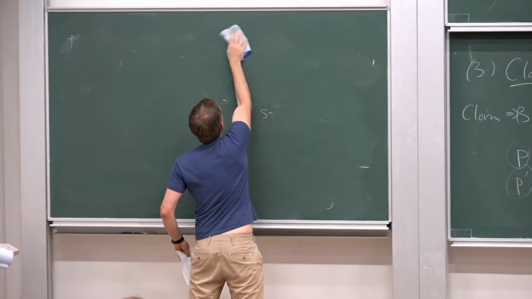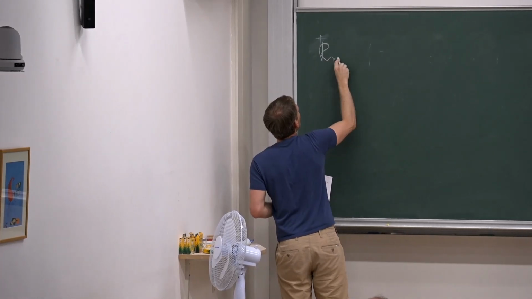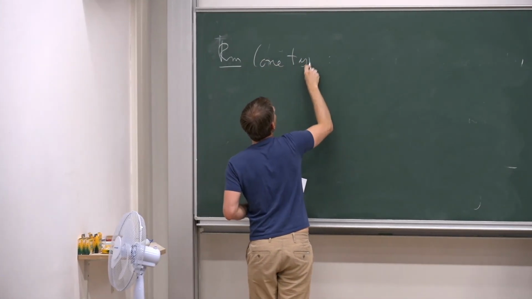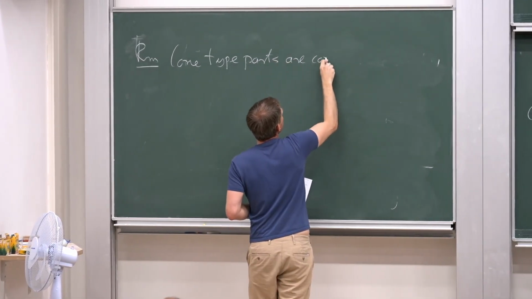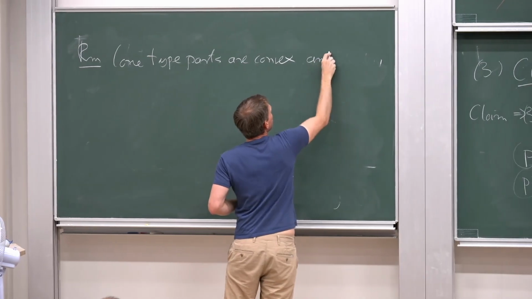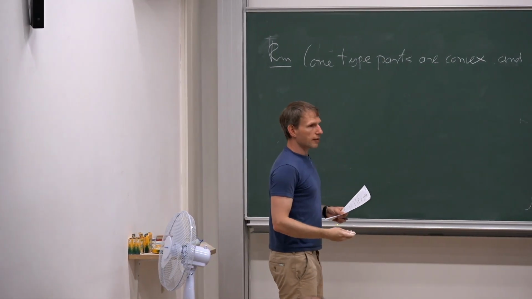First of all, they are convex. So remark, cone type parts are convex, and moreover, each cone part is obtained by putting together several shape parts.